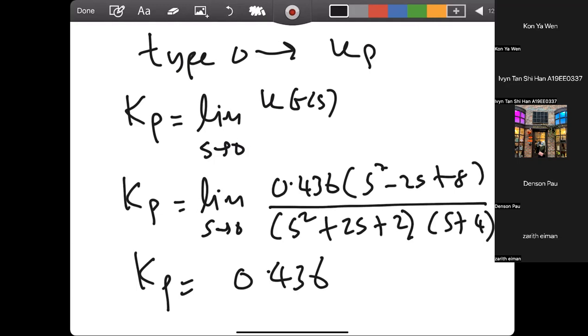And the steady state error will be 1 over 1 plus Kp, which is 0.7. Okay.